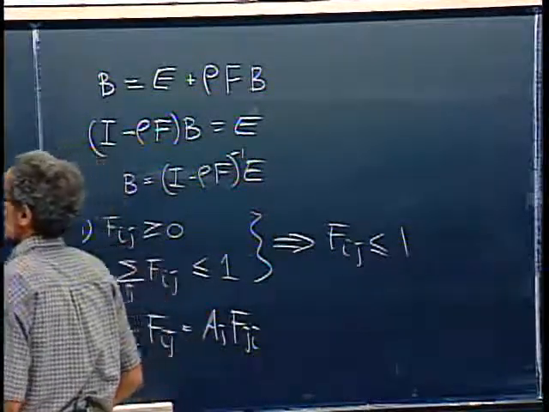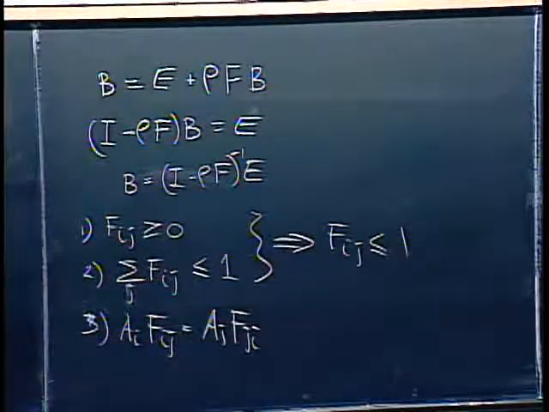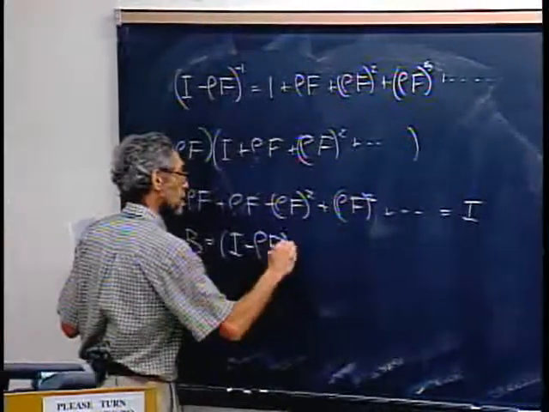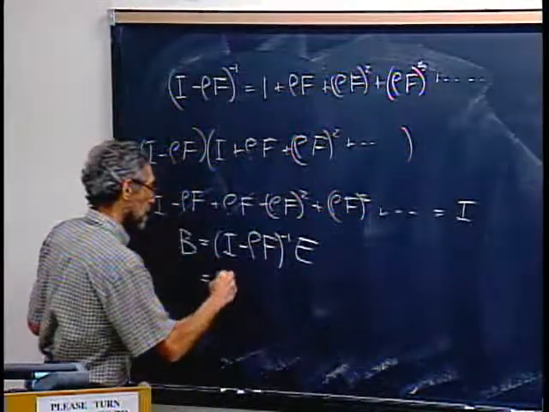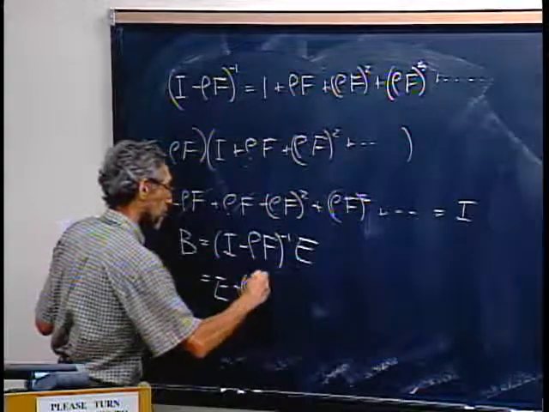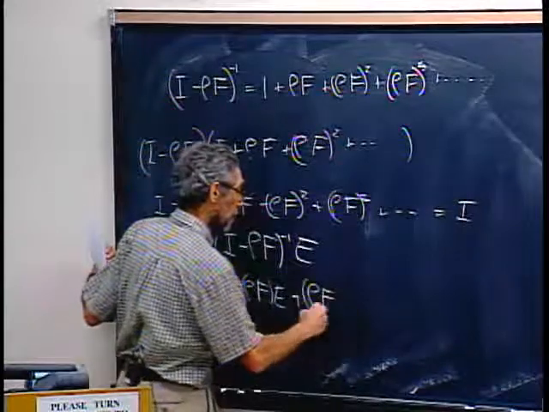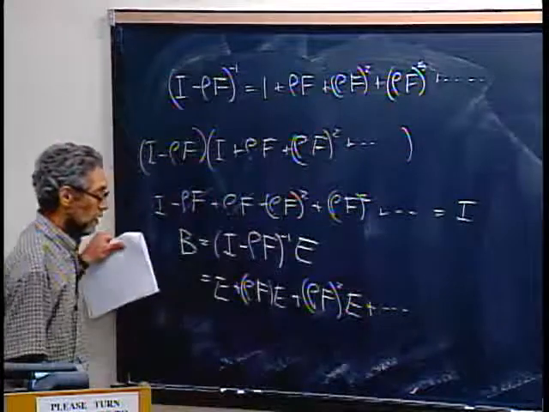The solution B equals the inverse of (I minus rho F) times E, and that's going to be E plus rho F E plus (rho F) squared E plus higher order terms.